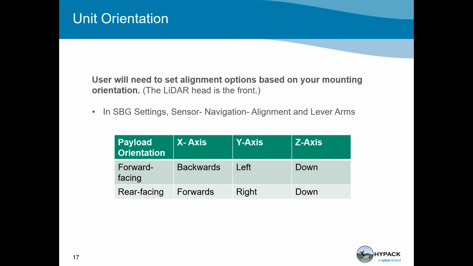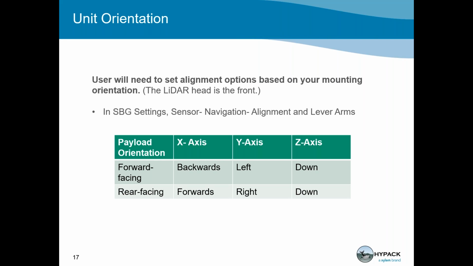One thing to note is that while we have pre-populated the lever arm offsets, you will need to pay attention to the way you have the unit oriented or mounted. You'll have to change alignment options based on your mounting orientation. You remember that the Valentine is mounted in the front of the unit. So if you mount the system with the Valentine forward facing, the primary lever arm on the y-axis would be to the left, which is standard practice.